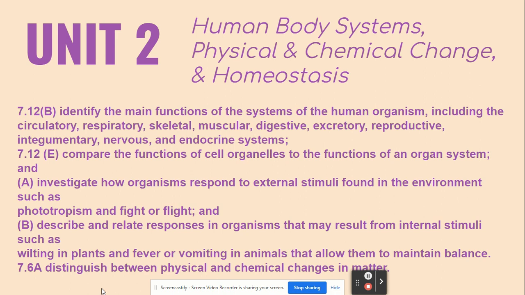Investigate how organisms respond to external stimuli found in the environment, such as phototropism and fight or flight. And then describe and relate responses in organisms that may result from internal stimuli, such as wilting in plants and fever or vomiting in animals, that allow them to maintain balance. And then last one, distinguish between physical and chemical changes in matter.